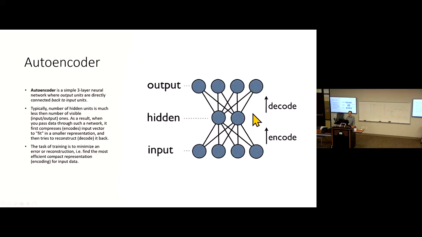And then the output could expand again. So this creates the so-called autoencoder structure. This framework will allow you to encode high-dimensional information into very low-dimensional internal perceptron layers.